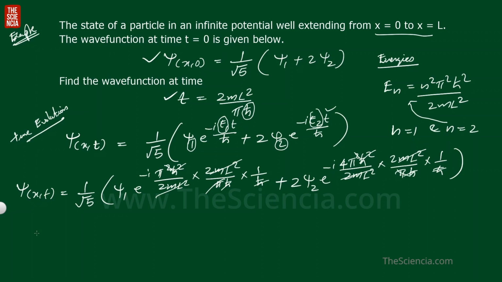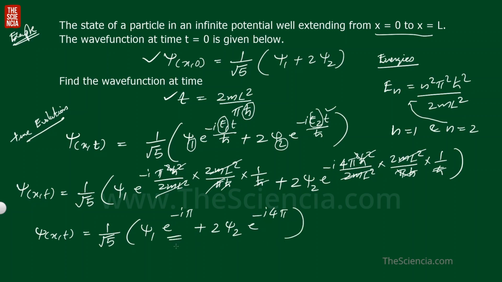So the remaining term is psi of x, t equal to 1 by root 5 psi 1 e raised to minus i pi plus 2 psi 2 e raised to minus i 4 pi. Now we have to evaluate e raised to minus i pi and e raised to minus i 4 pi, and substituting those values we will get the wave function at time t.